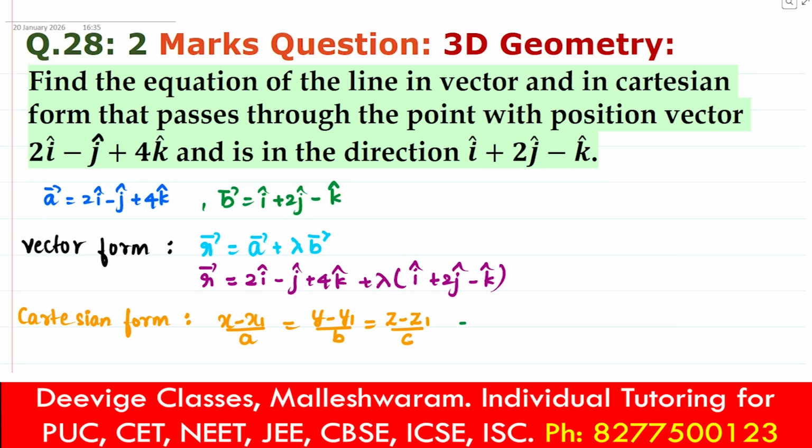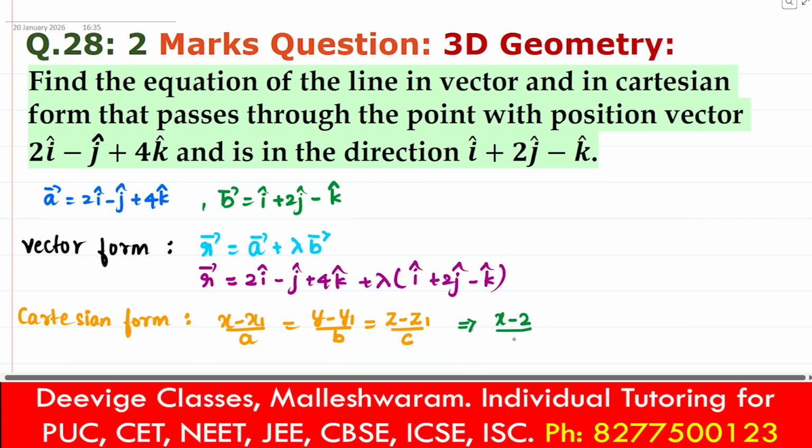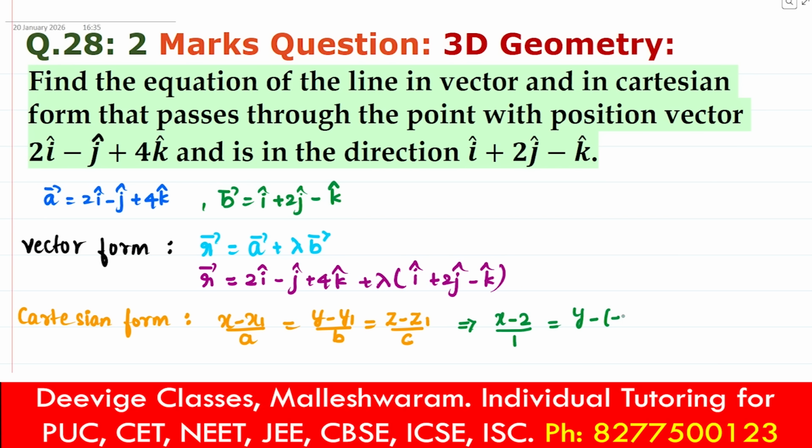Therefore, the Cartesian equation is (x minus 2)/1 = (y minus of minus 1)/2 = (z minus 4)/minus 1.